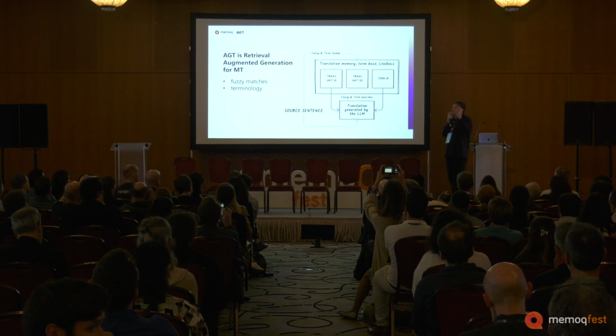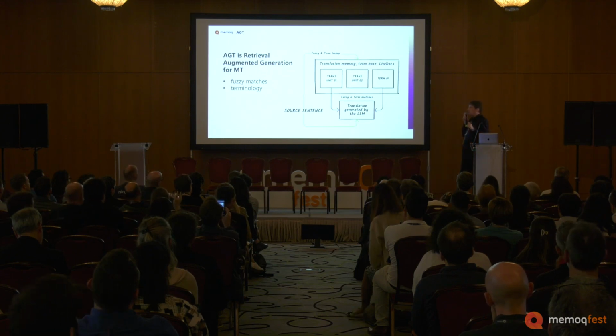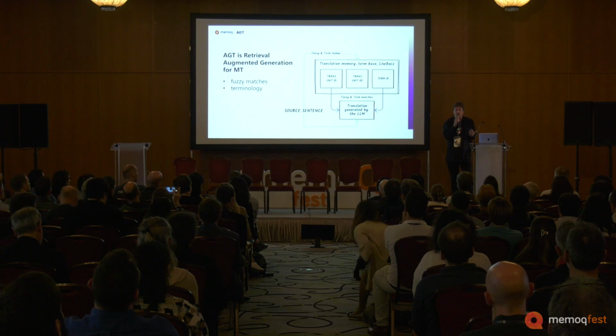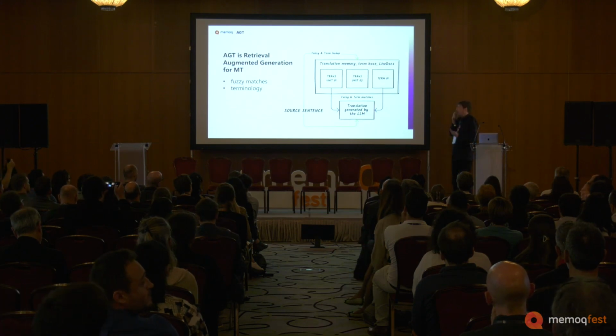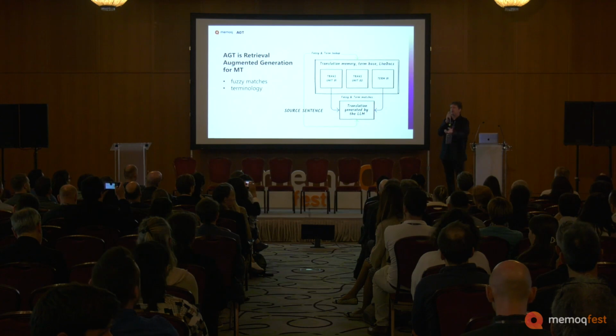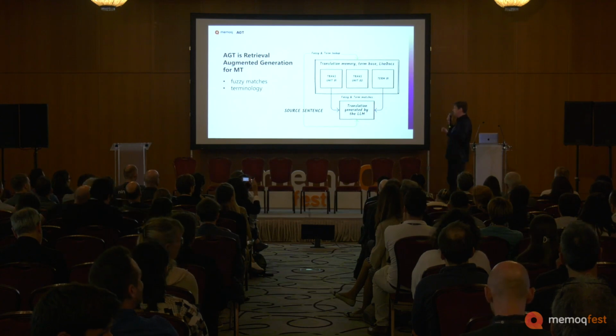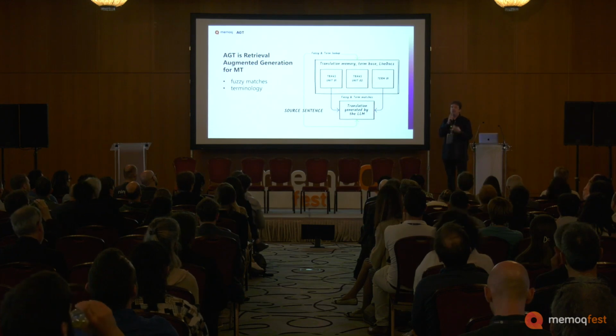We don't use this fancy new popular vector database semantic search, because memoQ already has search functionality built in. It's called the translation memory and live docs and term-based. So we just use this old-fashioned way to retrieve relevant bits of information in the form of translation memory units, translation units, terminology units, and then go to the LLM as I just showed you.